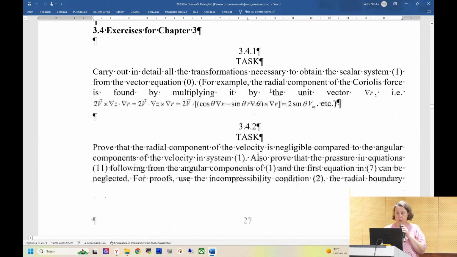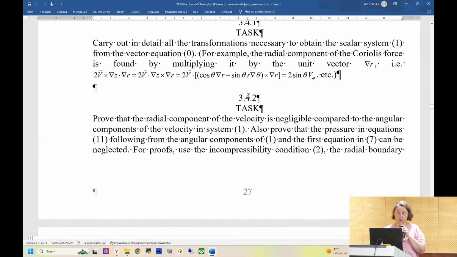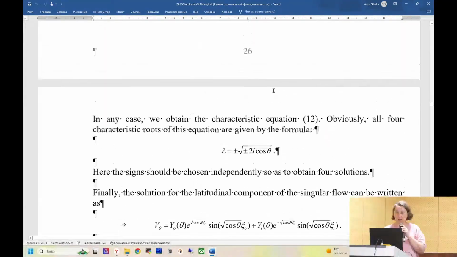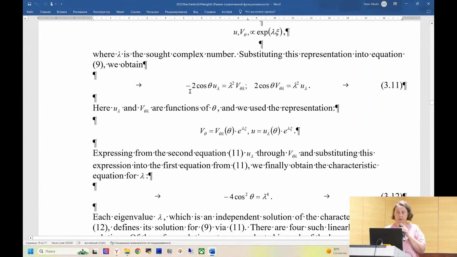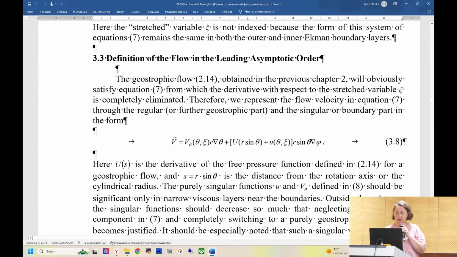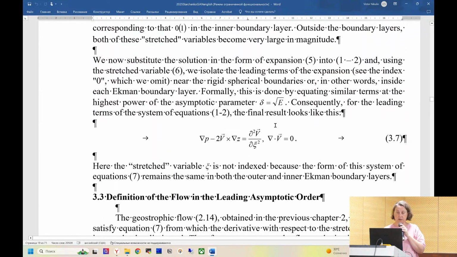So what equations are needed here from your last lecture? 11 and 7. The 11th equation is the dispersion relation lambda, and 7 is again the initial equation, but for the stretched variables inside the thin layers.